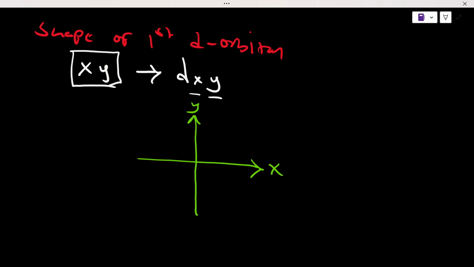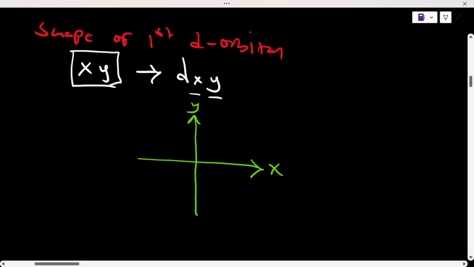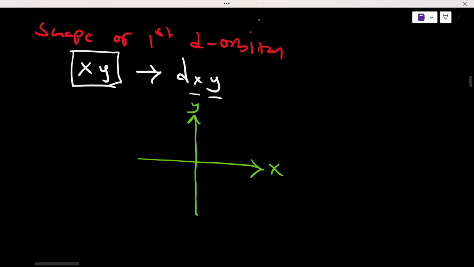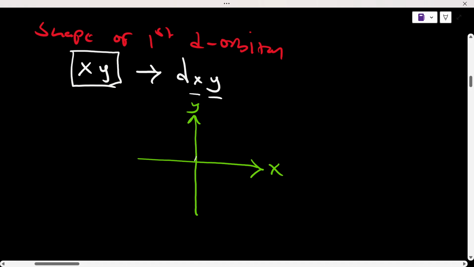So I'm supposed to have my orbitals being found between the spaces of x and y. So I'll draw my first dumbbell here, next one here, next one here, and the other one here.